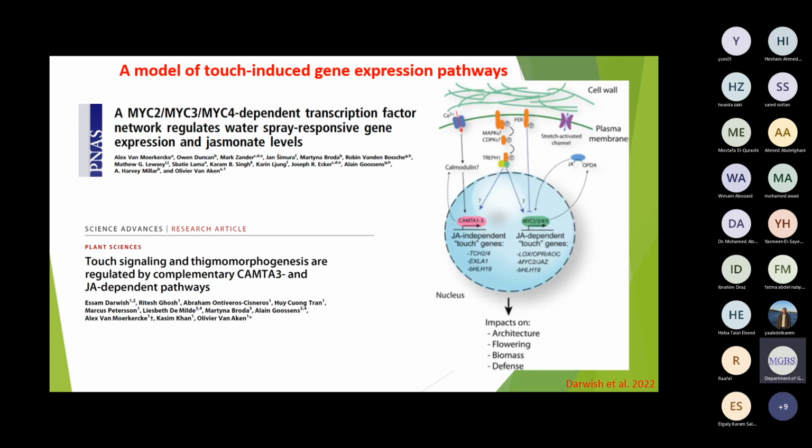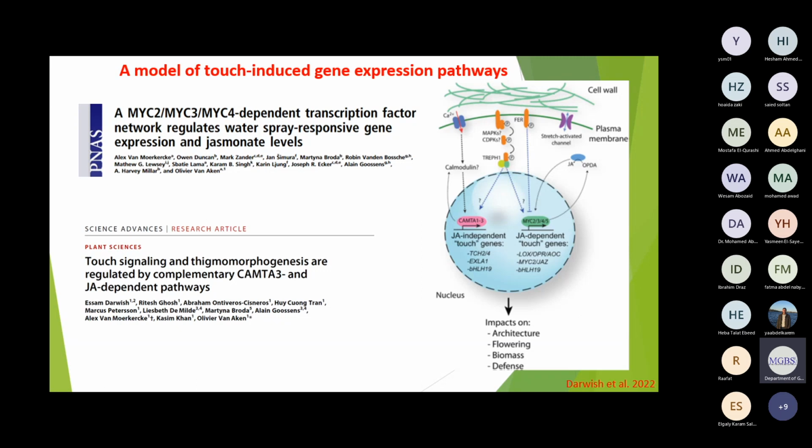You see this figure? When a plant receives mechanical stress, there is a change in the microstructure of the cell wall and plasma membrane. In the plasma membrane, there are channels called stretch-activated channels.